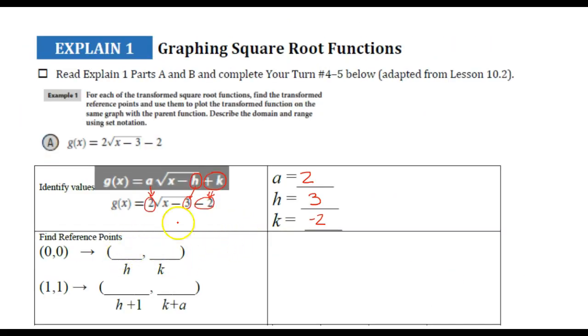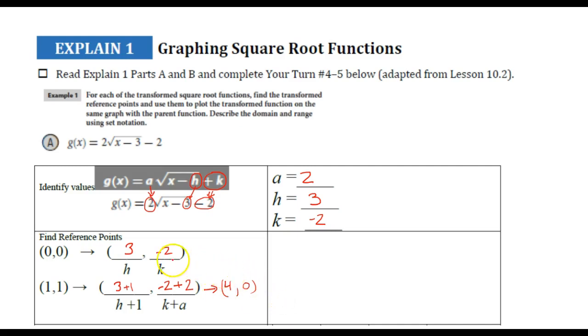We're going to transform them so that we match some of the values. For h and k, h was 3 and k was negative 2. For h, that would be 3 plus 1. And for k, that would be negative 2 plus 2. If I simplified this out, my 2 points would be this first one and 4, 0.